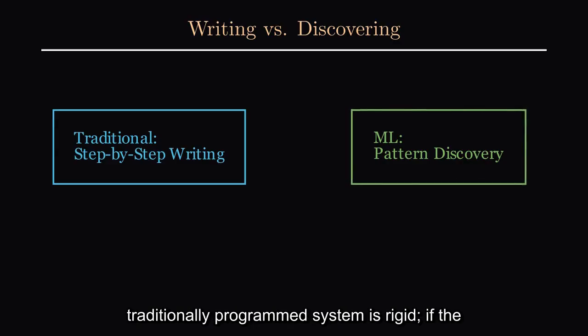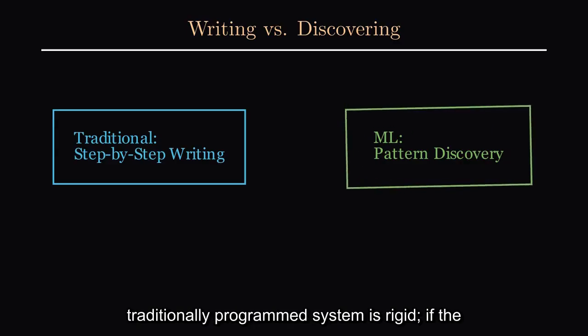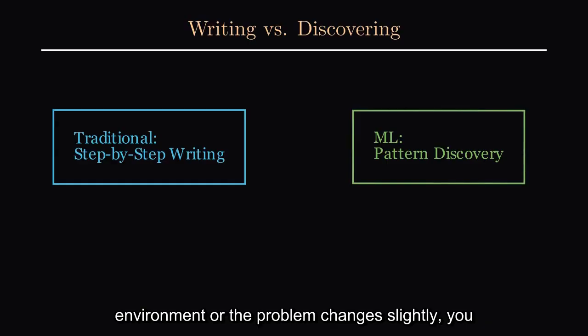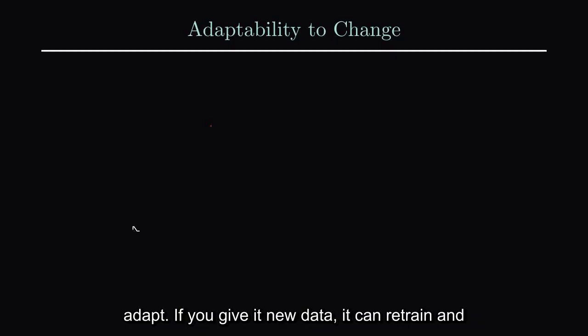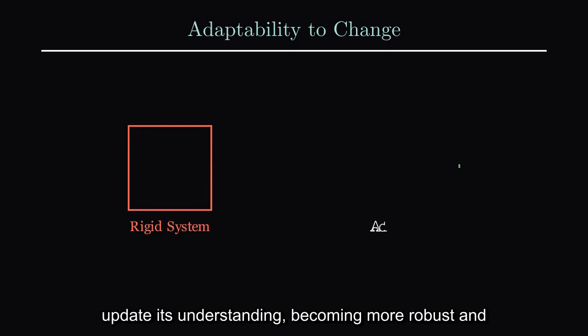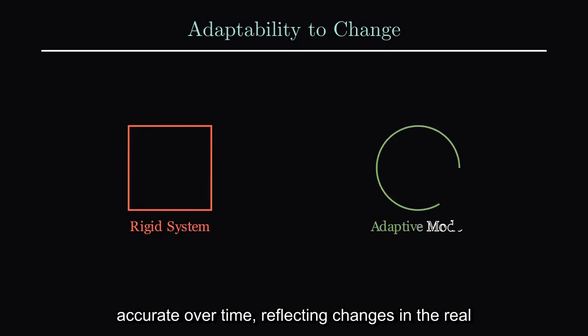A traditionally programmed system is rigid. If the environment or the problem changes slightly, you often need to rewrite significant portions of the code. A machine learning model, however, can often adapt. If you give it new data, it can retrain and update its understanding, becoming more robust and accurate over time, reflecting changes in the real world.